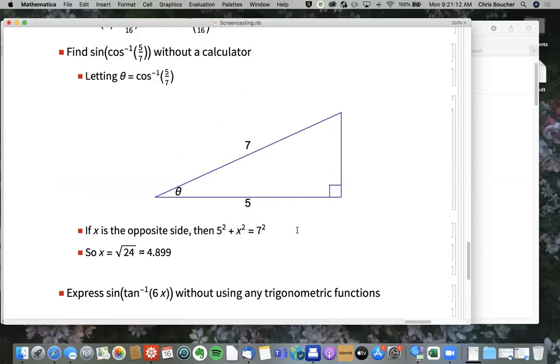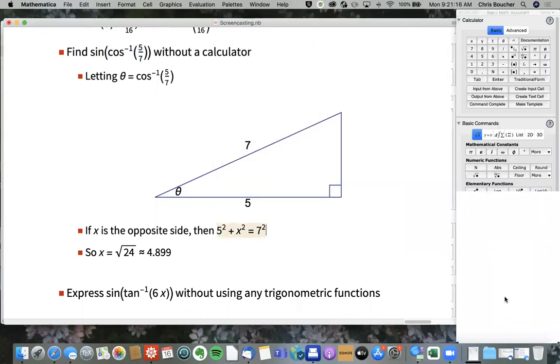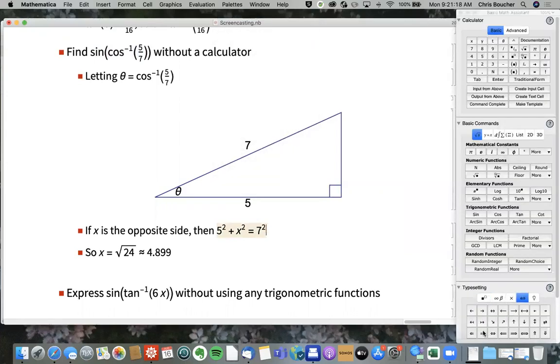And I wind up with, so let's go a little bit more slowly here. Right, so this means what? 25 plus x squared equals 49.